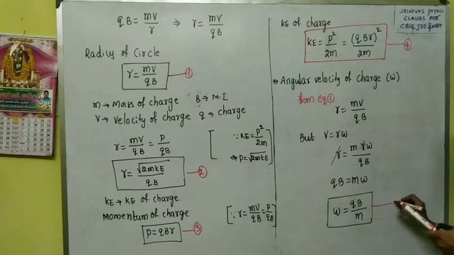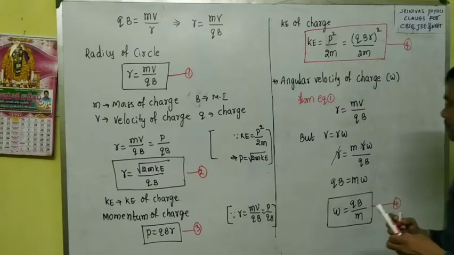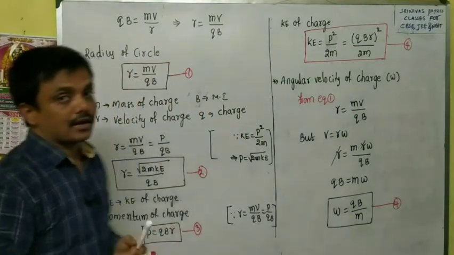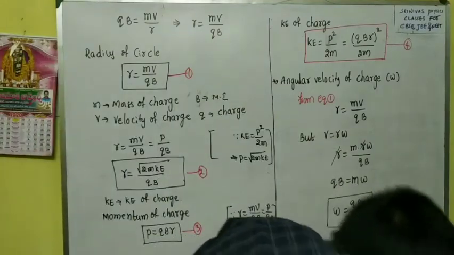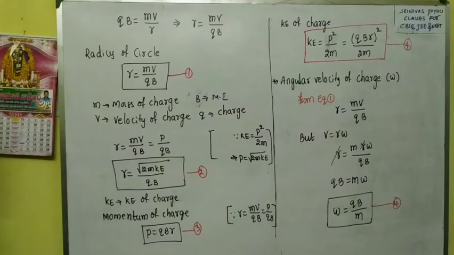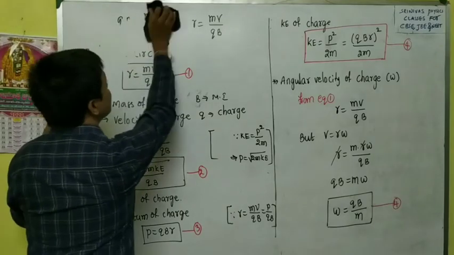And next I want one more formula, that is the time period. The charged particle is moving in a circular path, so how much time does it take to complete one rotation or revolution? That is the time period. How can we derive the time period formula? Time period is 2 pi by omega, that we know already.